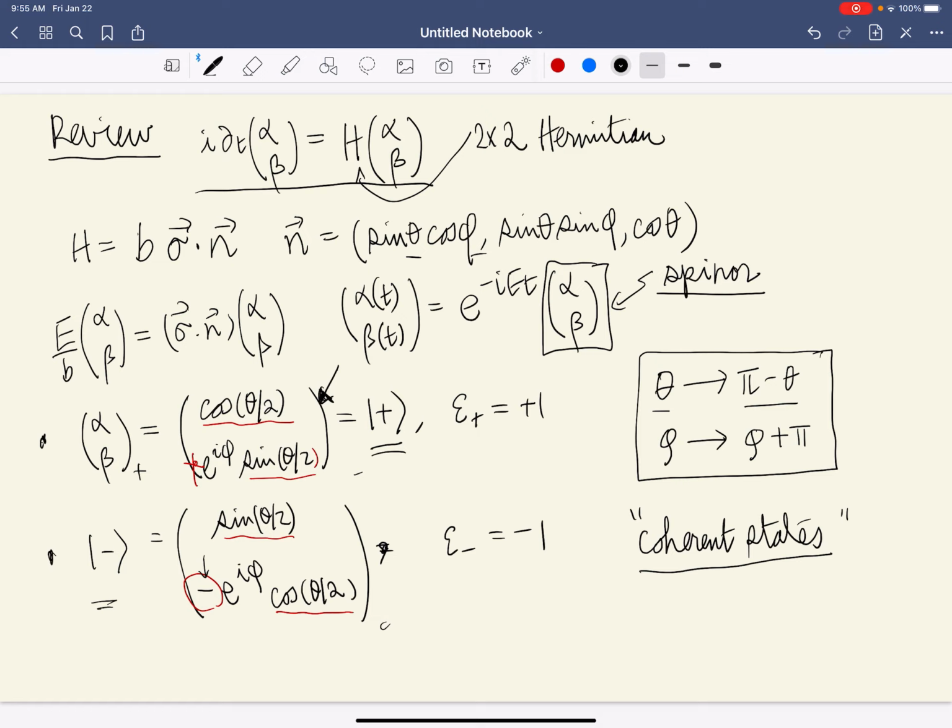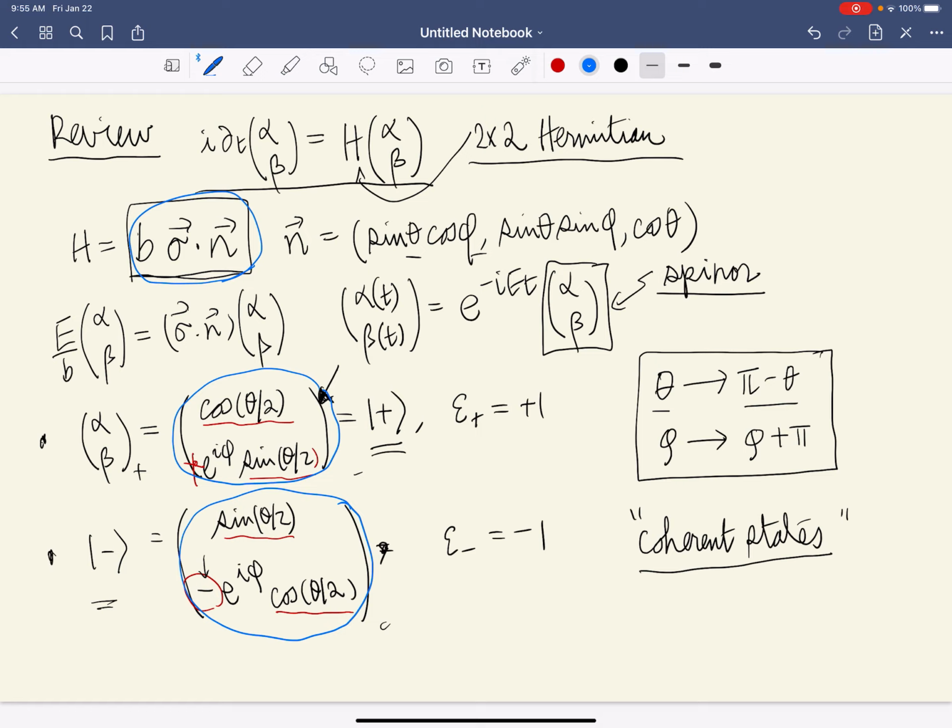Okay, so let me summarize the logic one more time. Any 2 by 2 Hamiltonian can be written in this way. And therefore, any 2 by 2 Hermitian Hamiltonian allows the eigenstates to be written in this way.